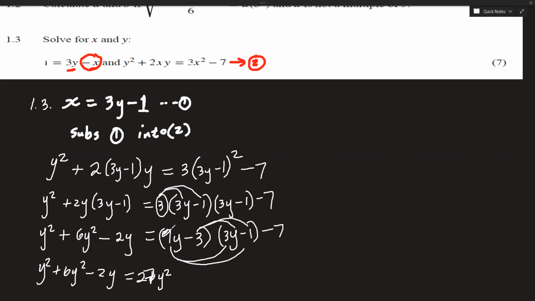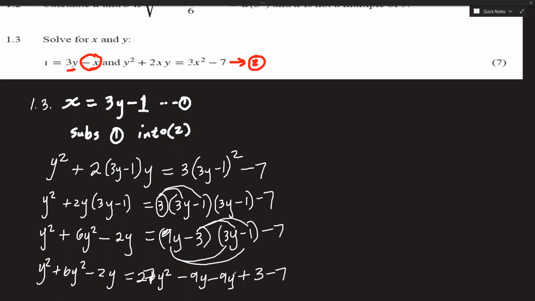Remember, we're going to multiply this one and that one. Then this one and that one gives me minus 9y. Then this one and this one also gives me minus 9y. This one and the last one gives me plus 3 minus 7, right?